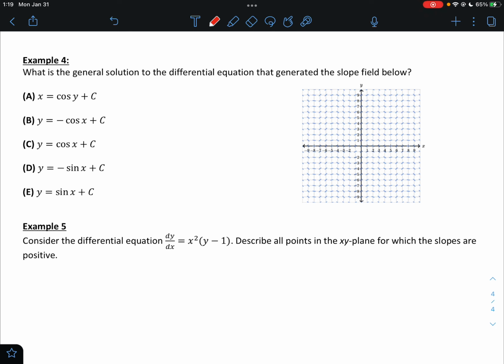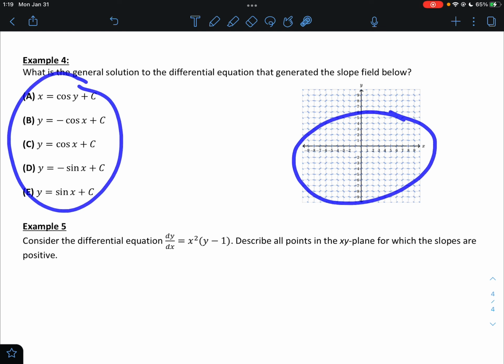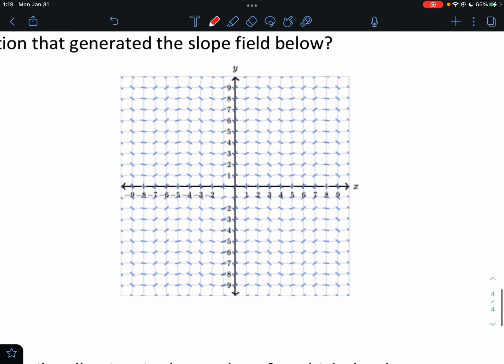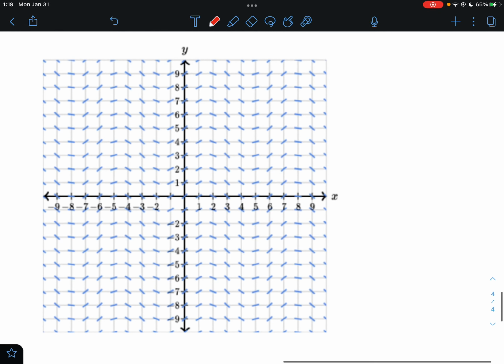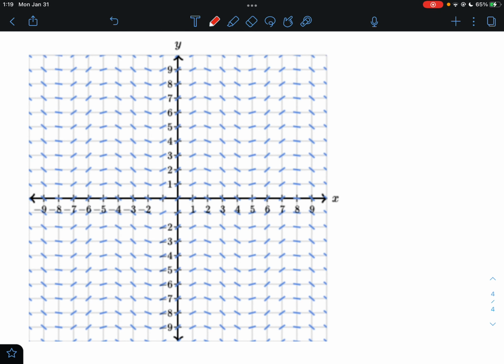Example 4. What is the general solution to the differential equation that generated the slope field to the right? So basically, which of these 5 equations would give you this slope field? Well, let's draw an initial condition that goes through 0, 0 here. Probably looks something like that. I didn't do a great job of following those, but you get the picture.